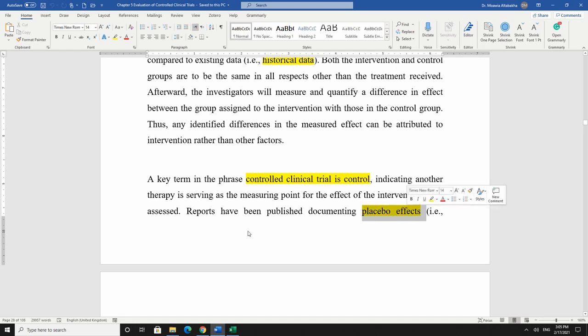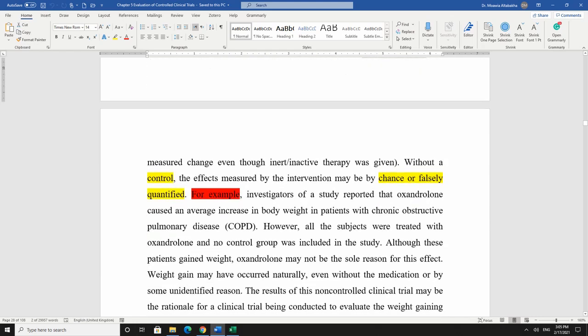Placebo. First of all, why do we need a control? Why don't we just recruit people with hypertension, and I have a drug for hypertension, see what their blood pressure is, start giving them the medication, and at the end measure their blood pressure and see whether there is a difference between the initial baseline and the end?